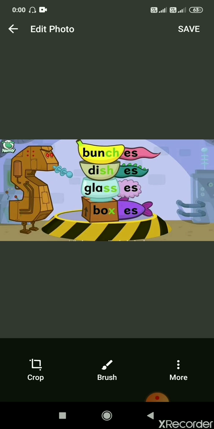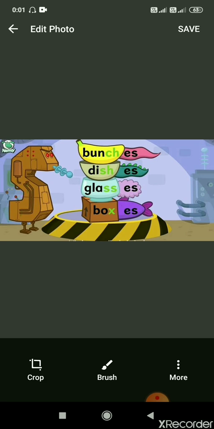So for its plural form we just add es to it, and the word becomes bunches. The next word is dish, and again we see it ends with sh. So for making plural form we just add es to it, and we get the plural form as dishes.